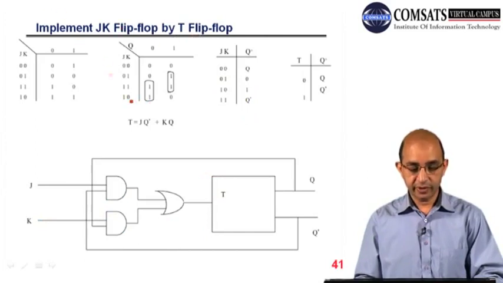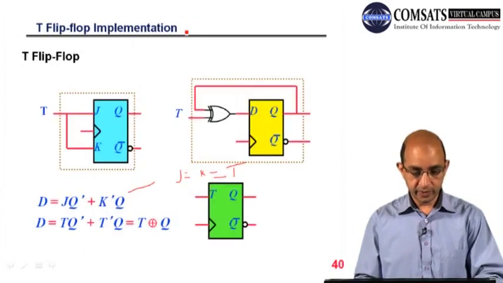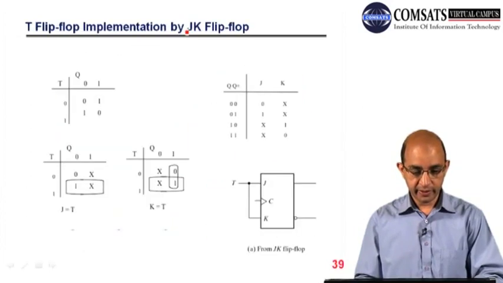And then we have the implementation of JK flip-flop by T flip-flop. So here we use the T flip-flop, and you can see the K map. Here we have two pairs, 1 1 and 1 1 here. As a result of this pair, we have J Q bar plus K Q. So this is something different from the T flip-flop implementation by JK flip-flop.